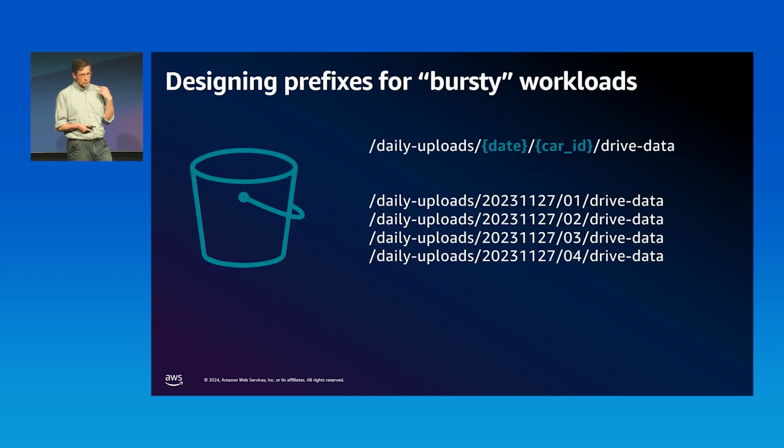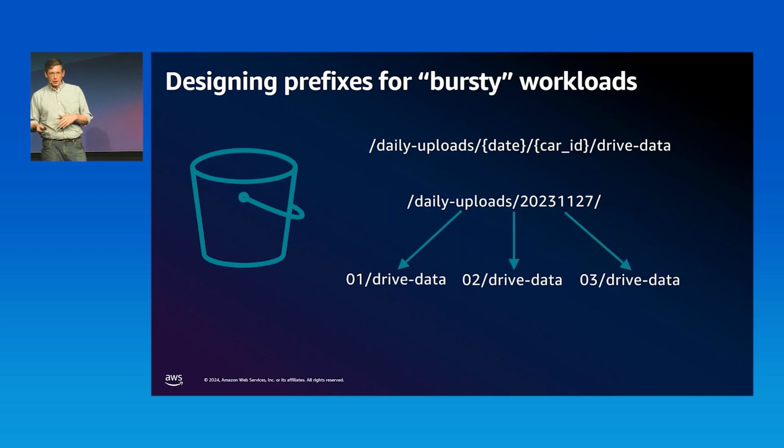As an example, suppose we have a large fleet of autonomous vehicles. And every night, they want to upload their anonymized drive data into S3 for use in an ML training pipeline. A reasonable first cut at the key structure looks like the one behind me, where we have a parent folder for the daily uploads, we have today's date, we have the car's unique identifier, and finally, one or more keys for the data itself.